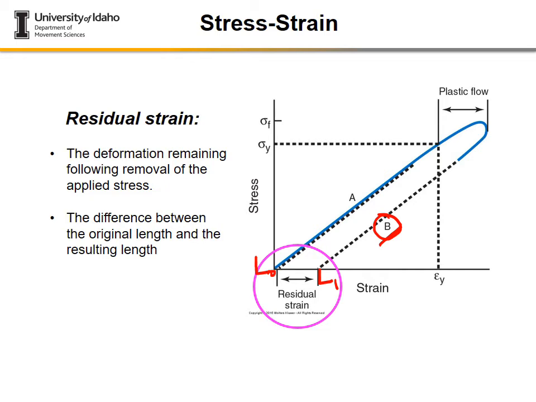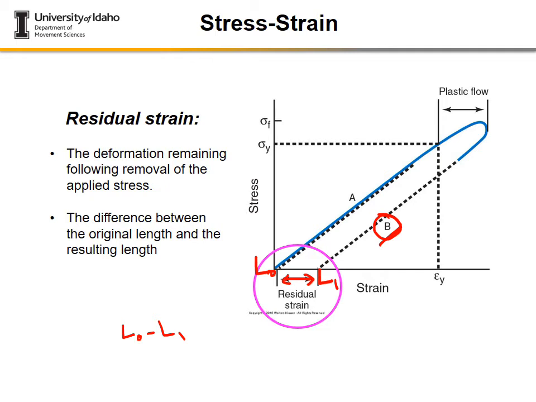Now, the residual strain is the difference between the original resting length and the new resting length. So typically it will be L0 minus L1. Okay, so that's your residual strain. It's that change in length that is left over, or is a residual, following the removal of the stress.